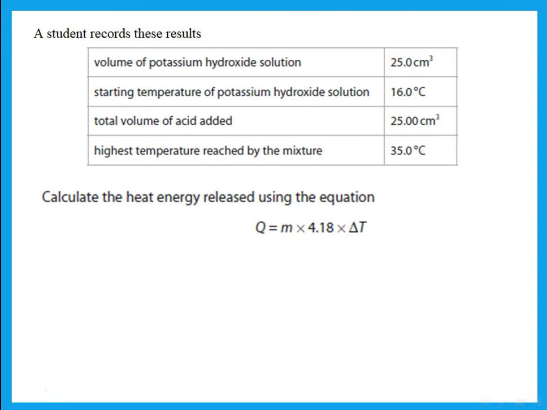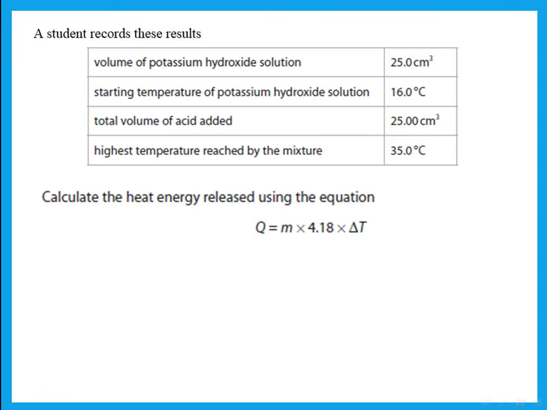This is another question where he said he did a titration and he did volume of potassium hydroxide is 25 centimeter cubed, and he has a starting temperature, and then the volume of acid added in the titration is 25 centimeter cubed, and the highest temperature reached was this. Calculate the heat energy or the quantity of heat. Well, he's telling me the equation. If he doesn't tell me the equation, I have to know that it is mc delta T. What is m?